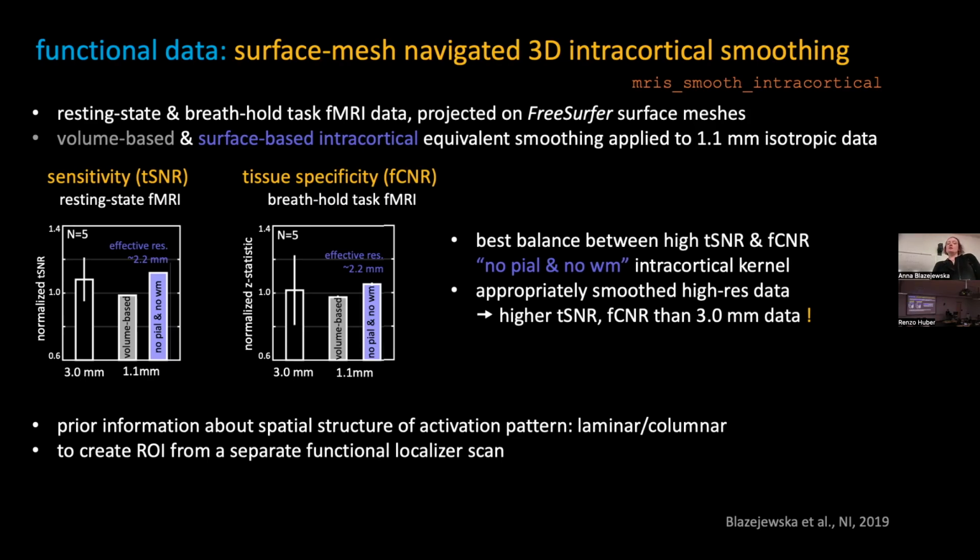It can also help, in my opinion, to create ROIs from, for example, a separate functional localizer scan, which will be more smooth and won't have holes like you would have just by thresholding. And in general, it can aid the visualization of the results. So as much as you have to be careful with any smoothing, even cool smoothing like ours, you still can use it for certain applications.